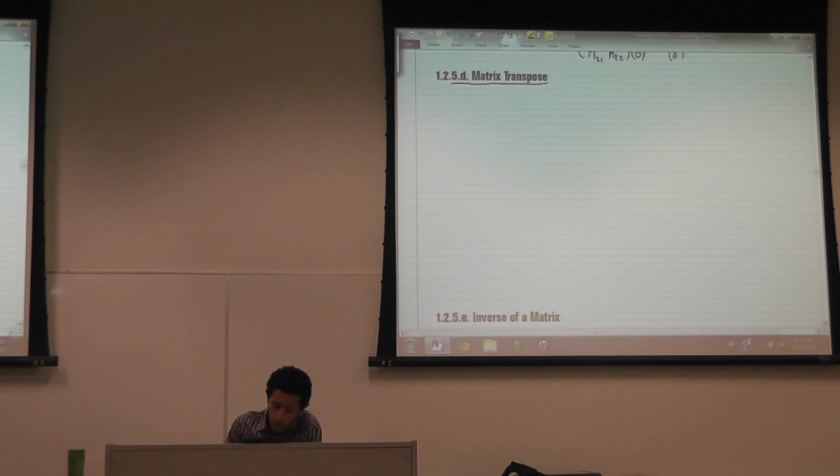We are used to the transpose of a matrix as follows. M transpose, this is M. We're used to M transpose being M11, M21, M12, M22.